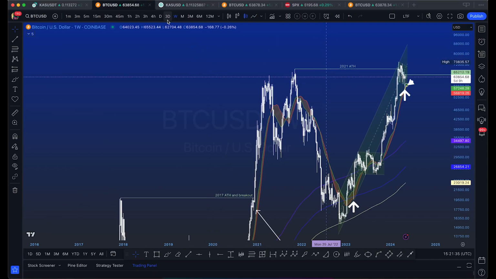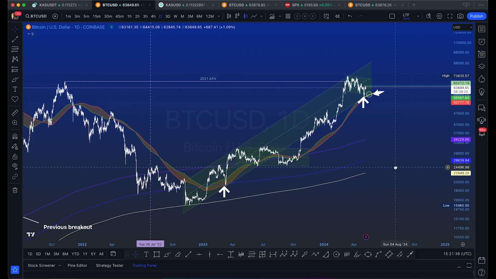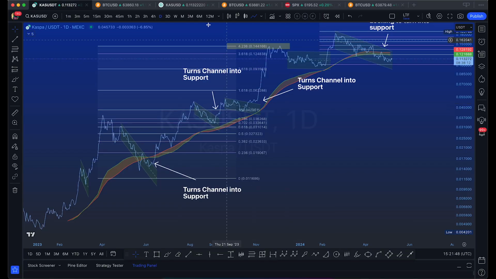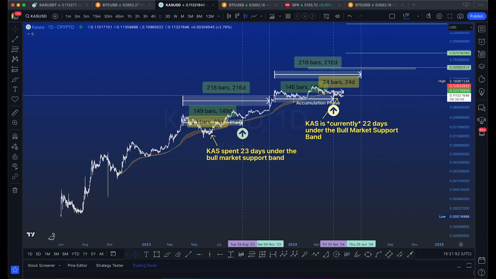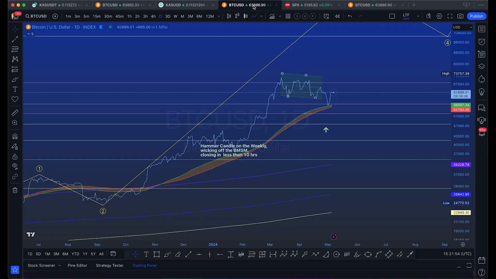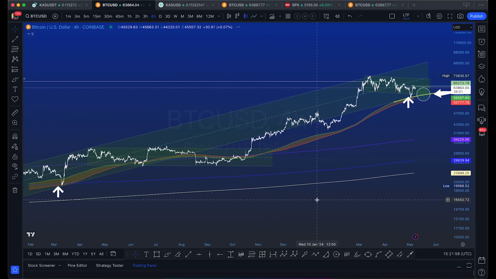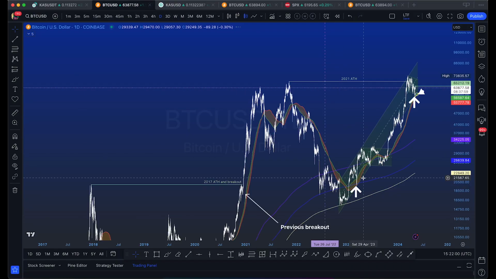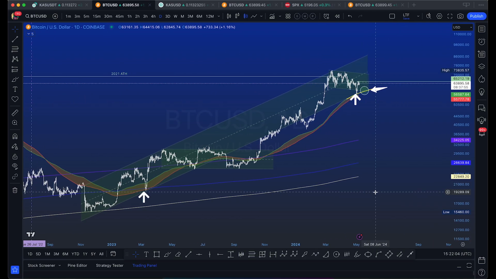And so we want to see continued positive price action on the stock market, and we want to see positive price action on Bitcoin. And Kaspa, I believe, on its next leg up, can potentially reach as high as 50 cents. To share a little bit about Bitcoin, we have these two channels that we're looking at right now.